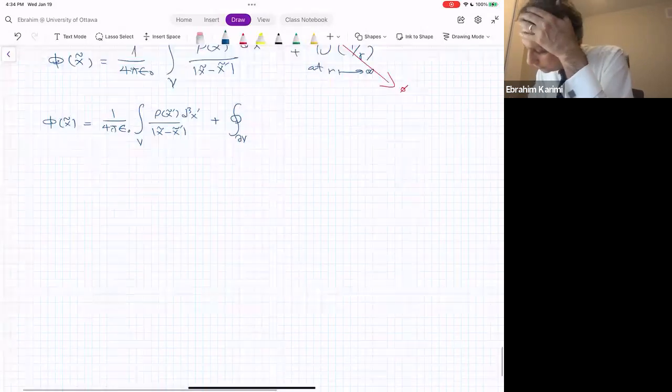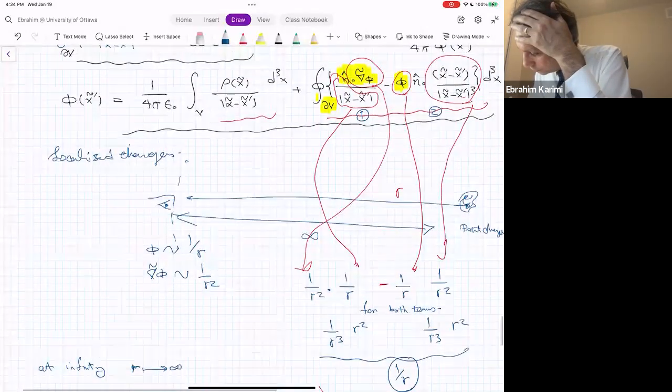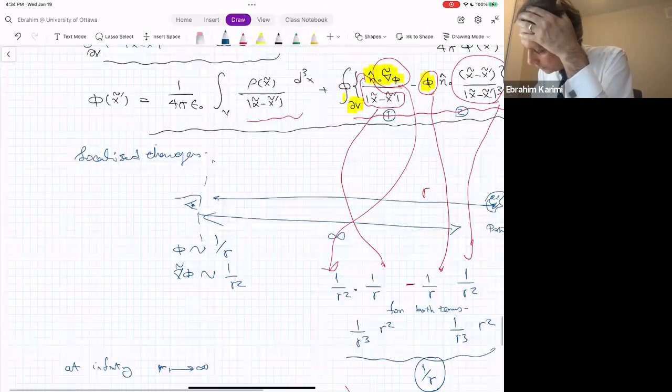Okay, gradient of phi divided by x minus x prime, then x.